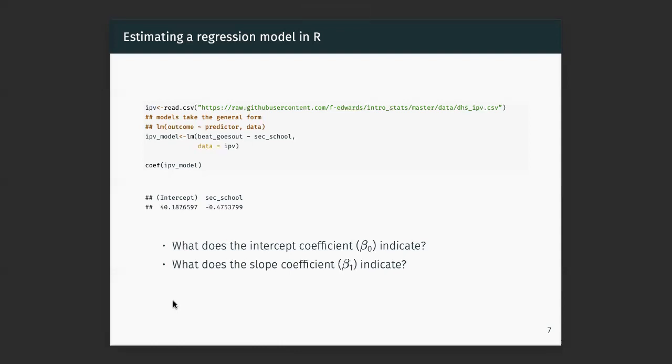Okay, what does the slope coefficient indicate? Someone tell me what the slope means. So on average, for every one increase in secondary school, acceptance of intimate partner violence decreases by 0.47. That's right. And honestly, when you're interpreting these, just round it.